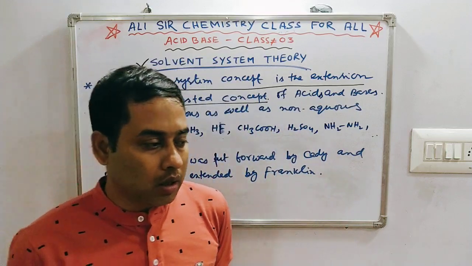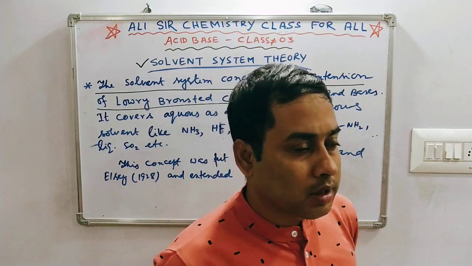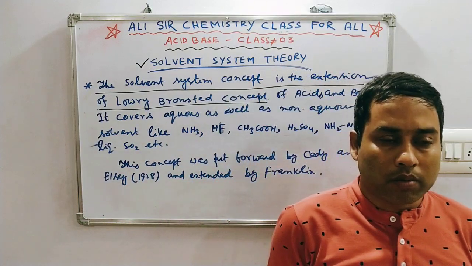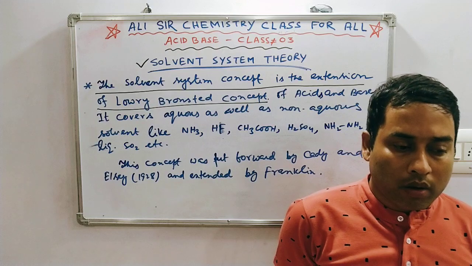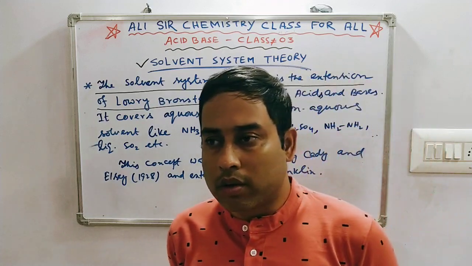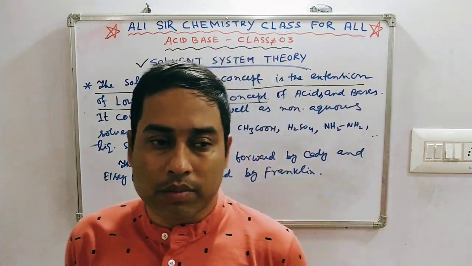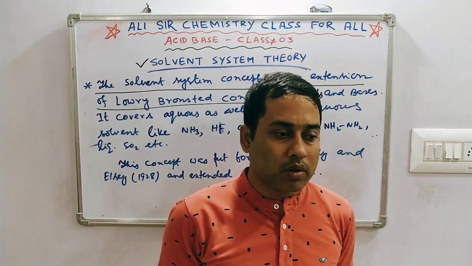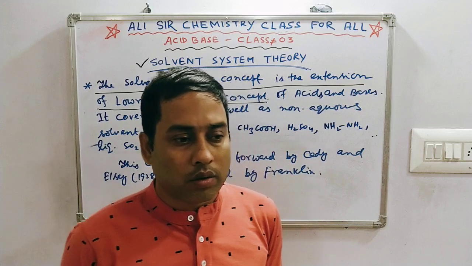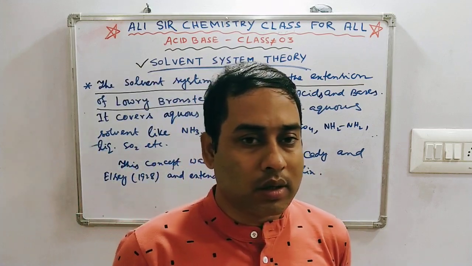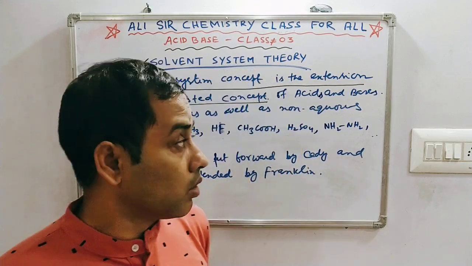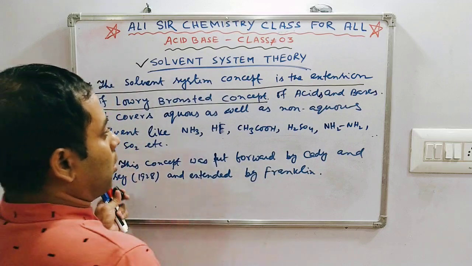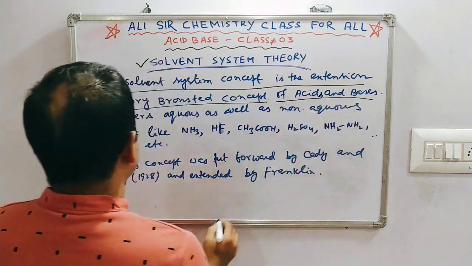It can explain acid base property in aqueous solvent only, so it is only applicable in aqueous solvent. But in the solvent system theory you can explain the acid base property in protic as well as non-protic solvents. So this is nothing but the extension of the Lowry-Bronsted concept of acids and bases.